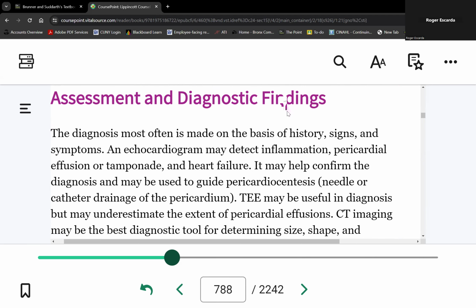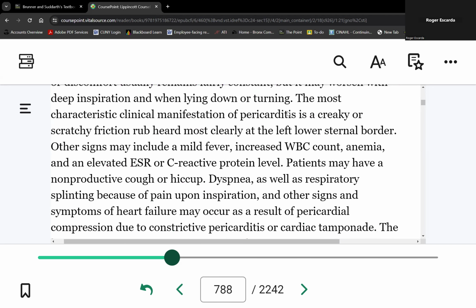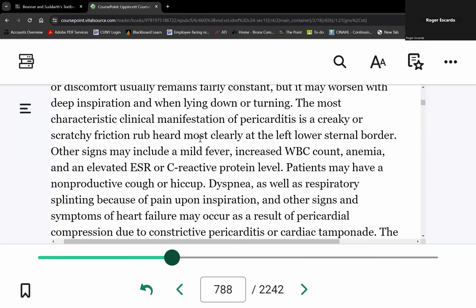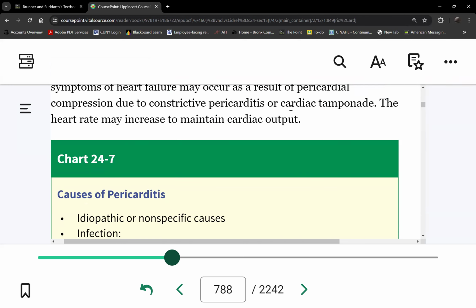All right, so how do we know you have pericarditis? The testing would be, of course, we need the labs, right? So we're gonna draw labs and they will show increased CRP, ESR, increased WBC. And also, this will depend on the cause of your pericarditis. What were the four common causes again?